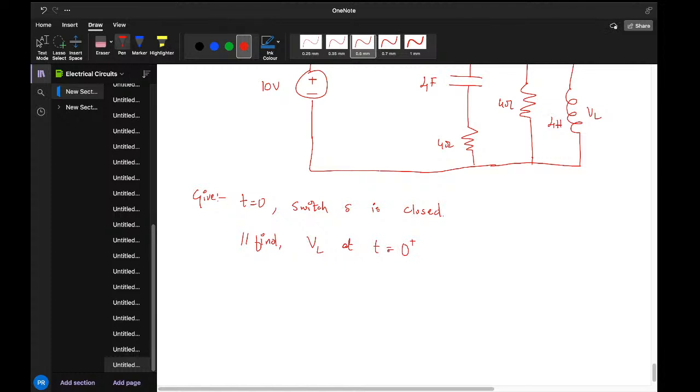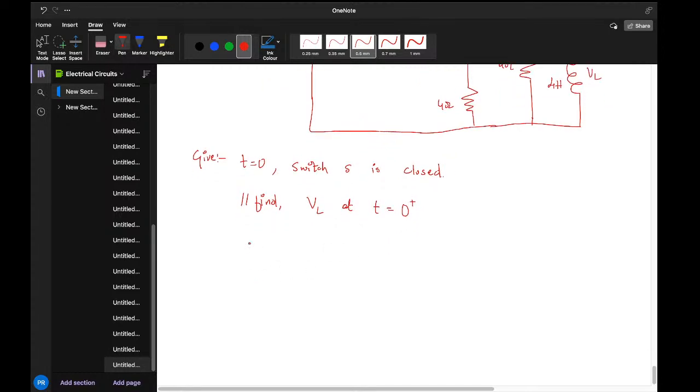So you guys know, at t equals 0, the capacitor is short.